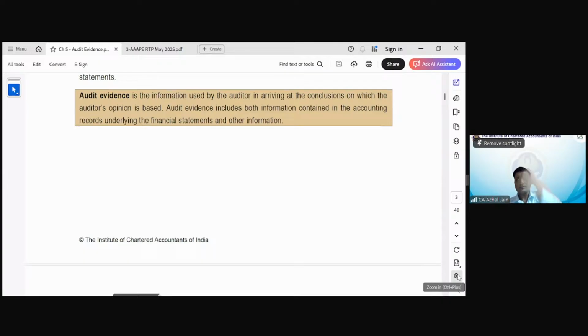Now, as regards the audit evidence, let's take some examples. What could be audit evidence? Let's suppose the auditor is checking the NRV of the inventory. What is the audit objective? To check whether the NRV is lower or higher as compared to the cost of the inventory.